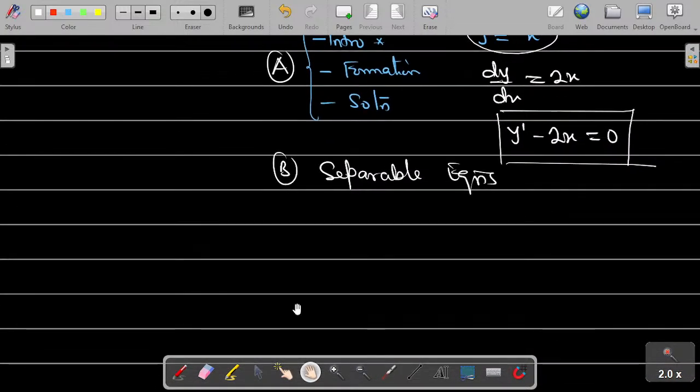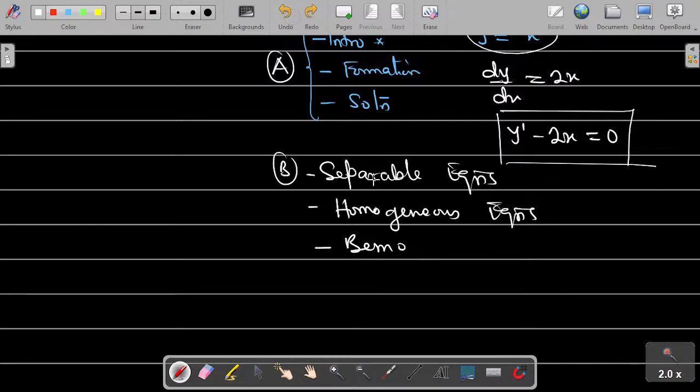I'll just mention them, not in any order. You're going to see homogeneous equations and how to solve them. After homogeneous equations, you are going to see Bernoulli's equations.